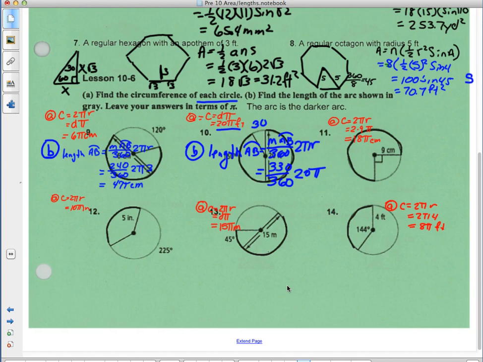That's my circumference. And so I've got 330 divided by 360 times 20, and I got 18.33, but I use my fraction on my calculator, and I get 55 thirds, 55 pi over 3 is my final answer. Okay, and that is feet.